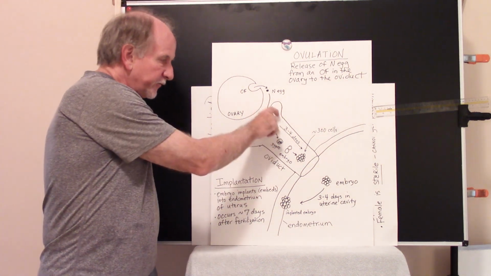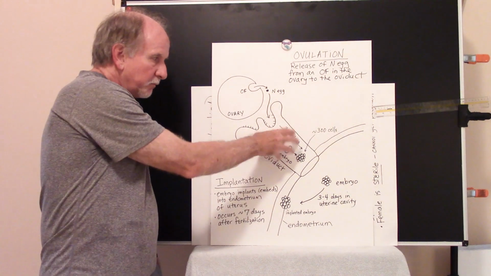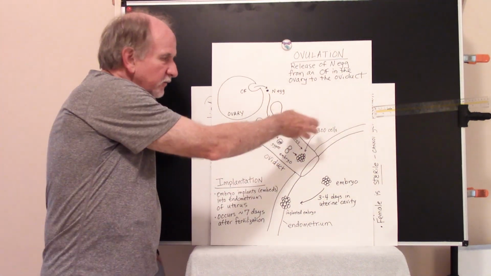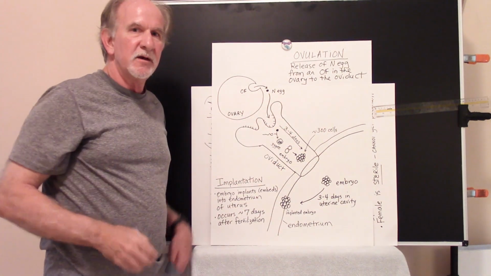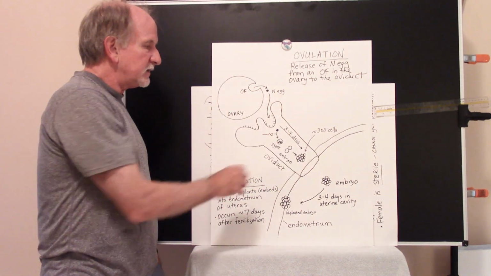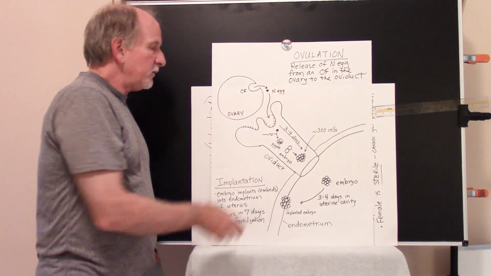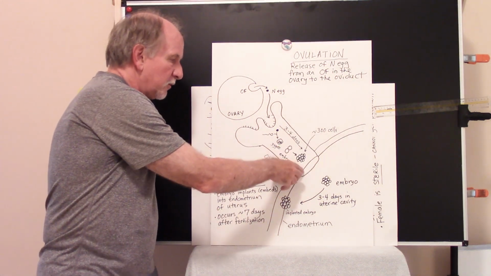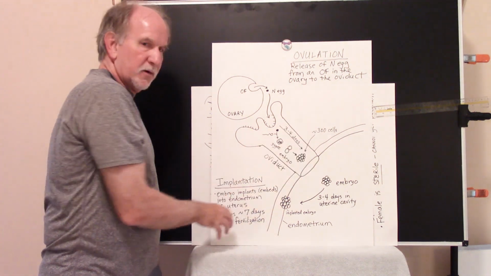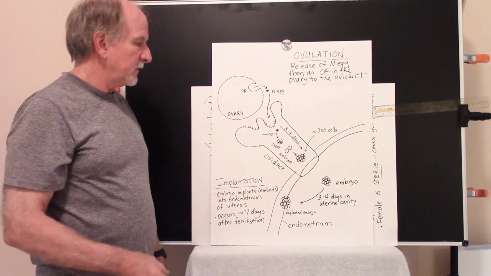And after about 3 to 4 days within the fallopian tube, this ball of cells is 200 to 300 cells in size. And after 3 to 4 days, this ball of cells, the growing embryo, moves out through the opening at the end of the oviduct and into the uterine cavity.